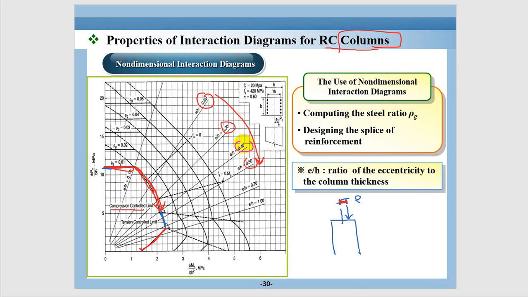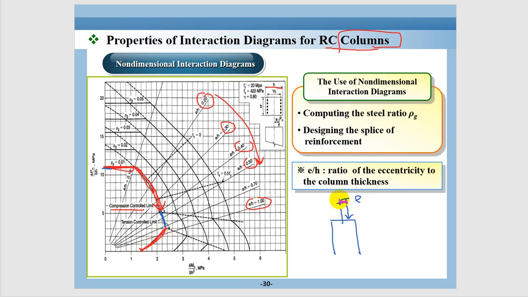This is what we have to see from a PM diagram, in any type of PM diagram, and here the eccentricity is about the same as the column depth, which is h. Alright, so this is a pretty big eccentricity, which can be resisted in the tension region.